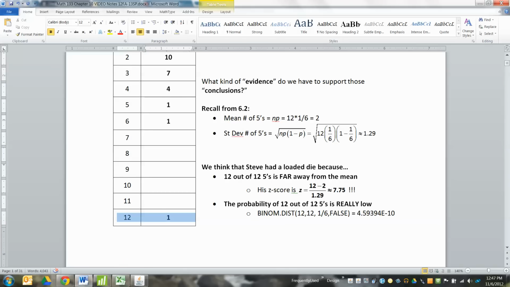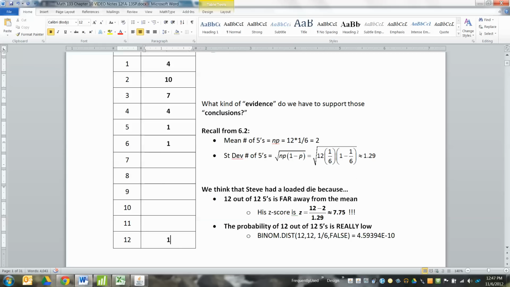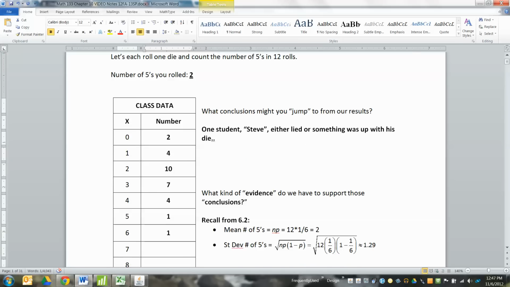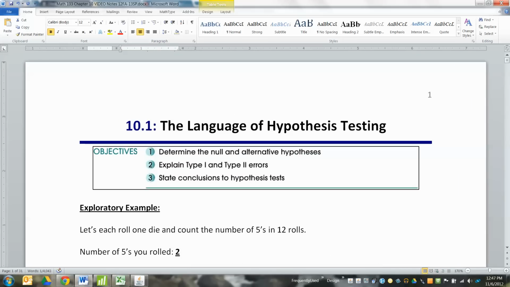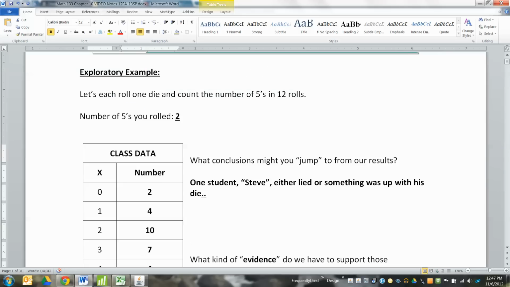And student Steve got 12 out of 12 5s. He rolled it 12 times and got 12 5s. So what conclusion might you jump to about Steve?